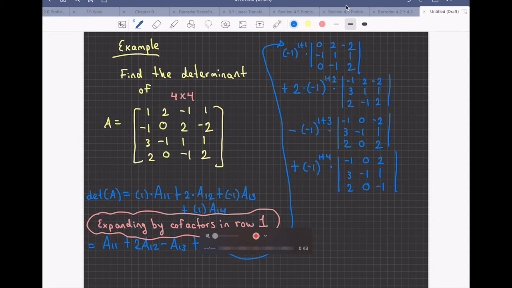So this is equal to, notice, -1 raised to the 2 is going to be 1 times 2, so this is going to be 2. This one, notice, -1 raised to the 3 is going to be negative, so minus 2 times this determinant. So I have to compute it here.